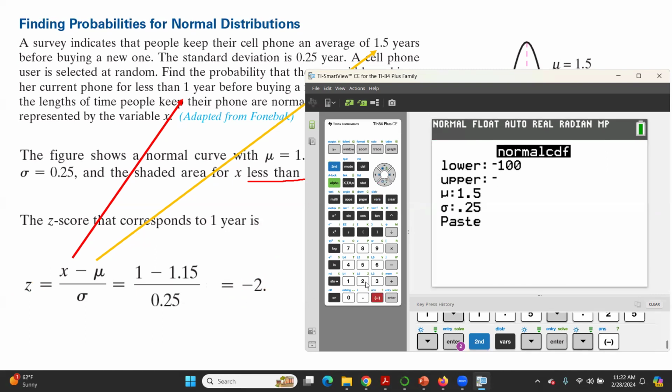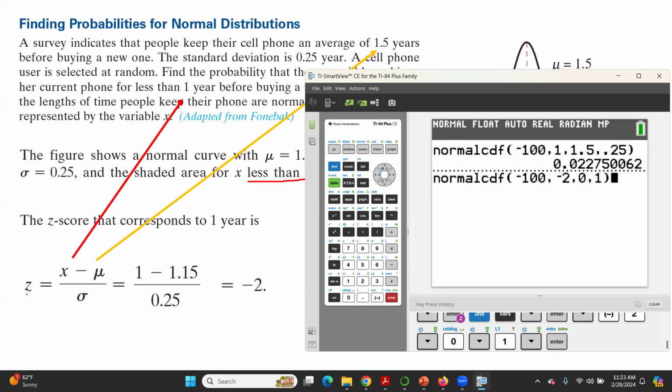So -2. The mean must be changed to 0. For z, the standard normal distribution, mean is always 0 and standard deviation is always 1. Now go to paste, hit enter, and as you can see, I got the exact same probability. So it doesn't matter if you use your x, which is 1, or you use z, which is -2. Just make sure you enter the information correctly.